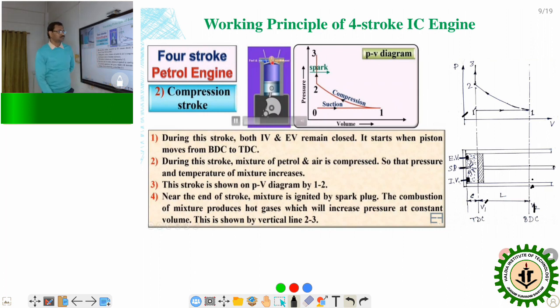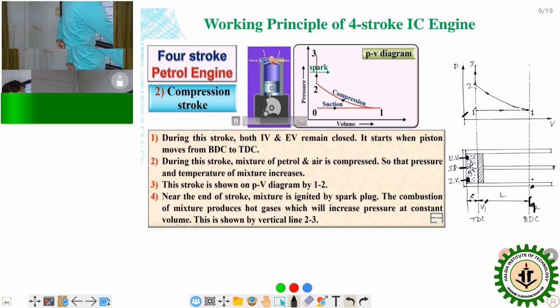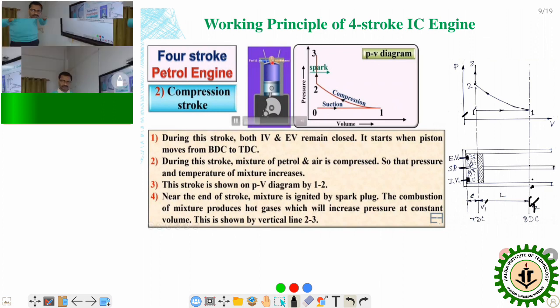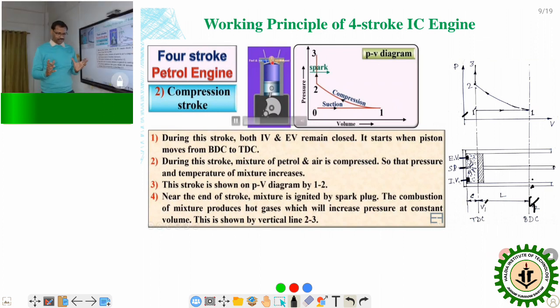So the total volume V1 will be compressed to V1 dash, called the clearance volume. As the V1 volume of charge is compressed, what will happen? The pressure and temperature will be very high. And at the end of the compression stroke 1 to 2, the sparking will be there.